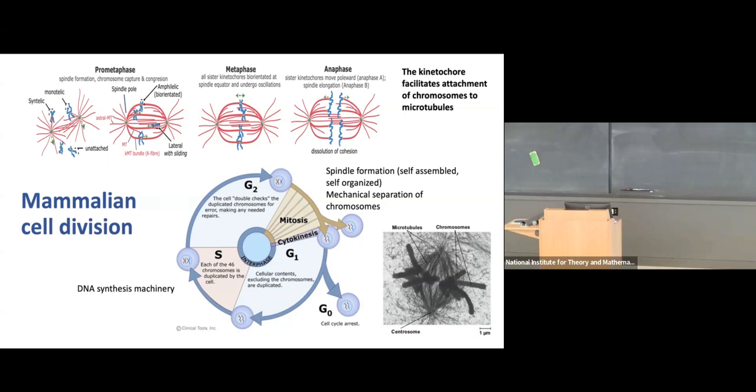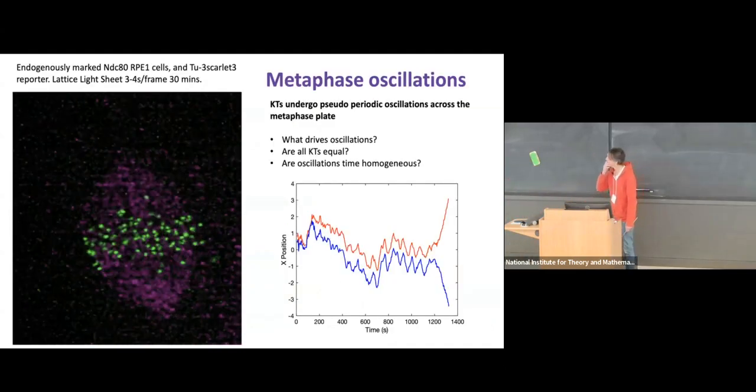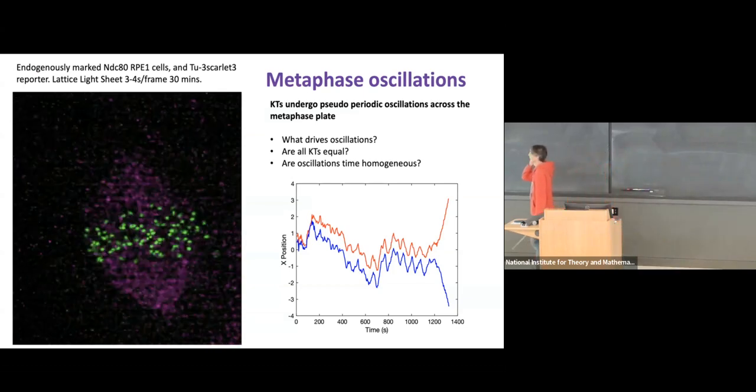And then it goes into anaphase as you dissolve the glue between the two sister chromatids. So the spindle, composed of microtubules, connects to the chromosomes at the kinetochore, a macromolecular complex, which I will discuss.